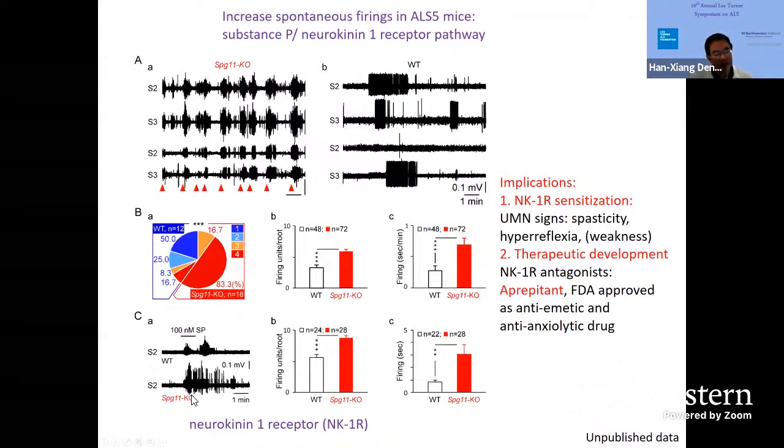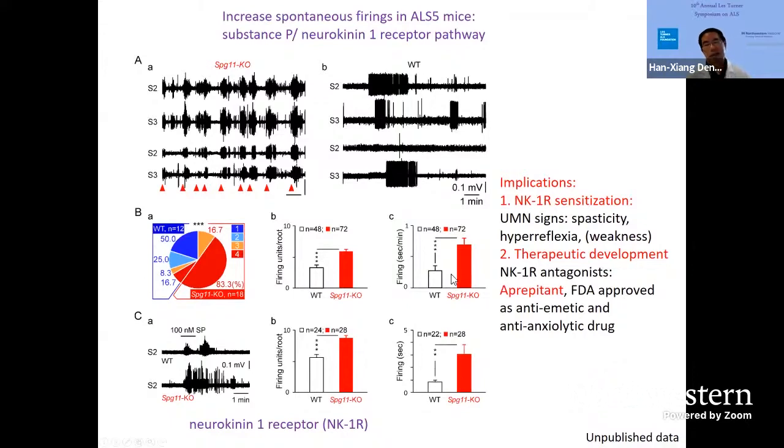So this suggests the postsynaptic receptor is sensitized, and the receptor is neurokinin 1 receptor for substance P, and we can see the firing is much more increased, and the firing time is much longer.